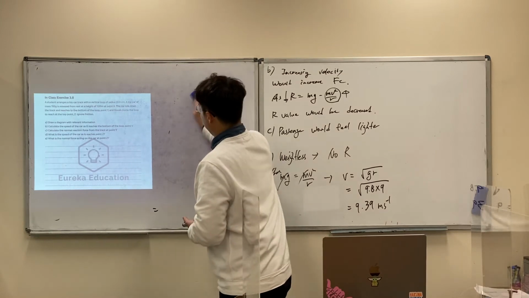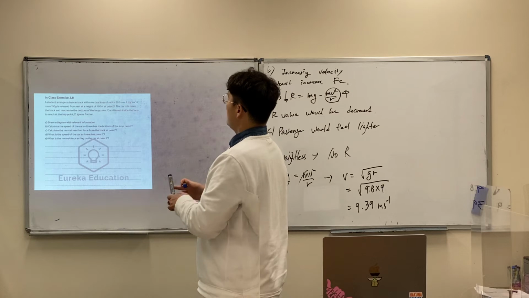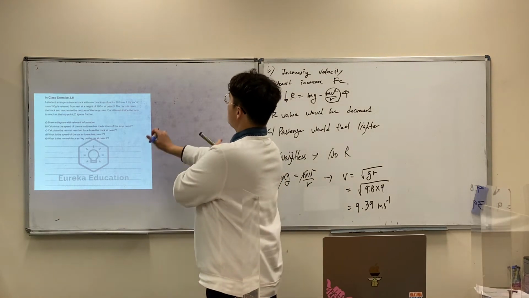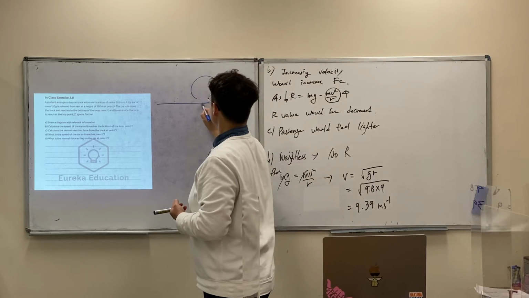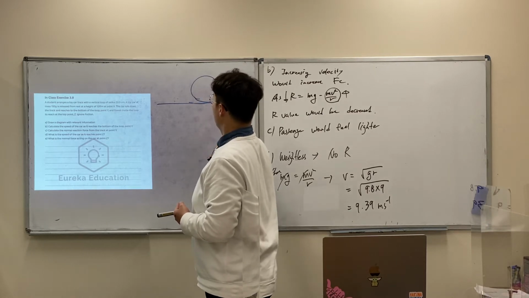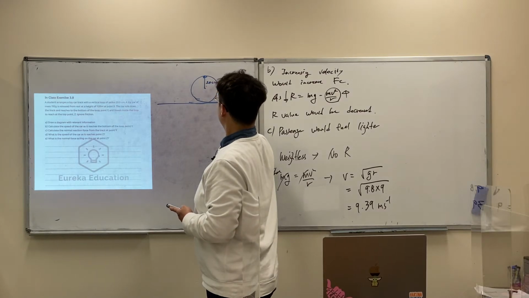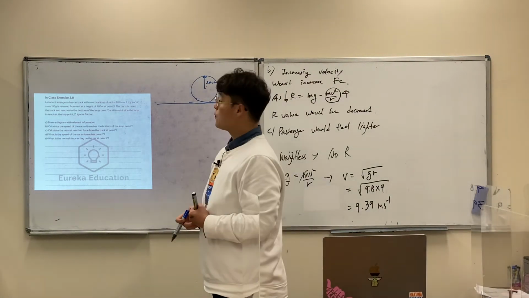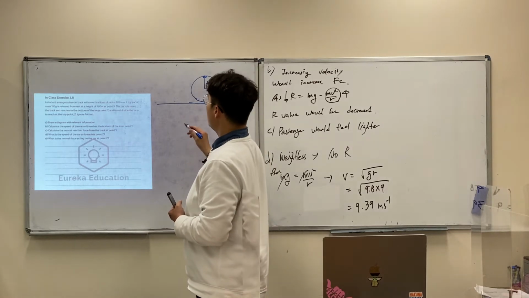Question A, relevant information. What we have to start with is the vertical loop of 20 centimeters. So here is the vertical loop, something like this, with a radius of 20 centimeters. And the toy car has a mass of 150 grams, released from rest from a height of 1 meter.